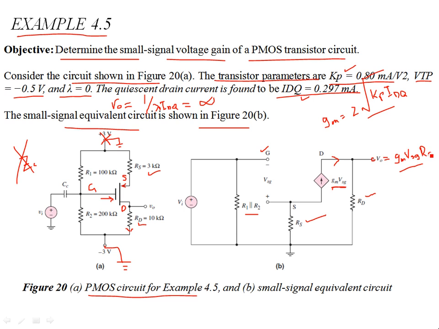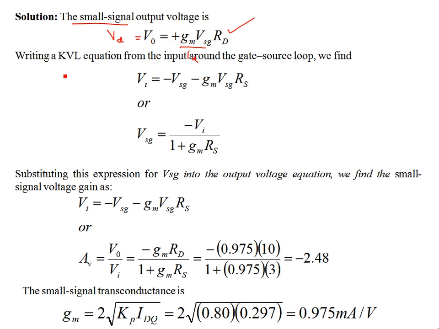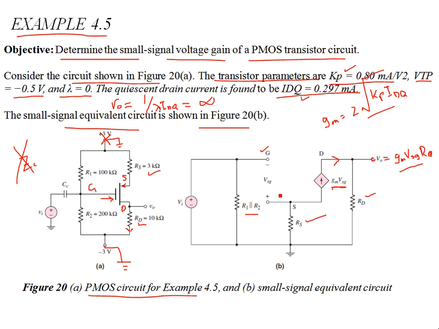Okay, this is RD. And then the other thing is, if you apply Kirchhoff's voltage law, the KVL equation, from the input around the gate source loop, we find that VI appears across R1 and R2 in the AC equivalent circuit, but it's also the summation.